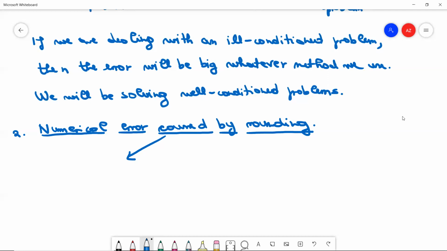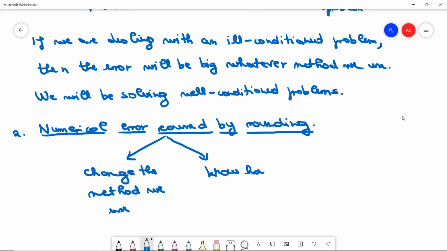One way is to change the model, or change the method we use. And the other way, if the method is not the biggest source of the mistake, we should at least know how to estimate our error, the numerical error.